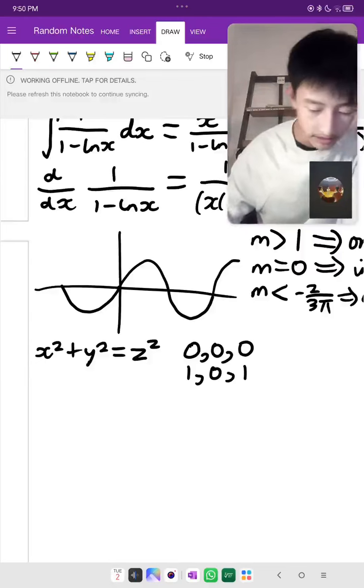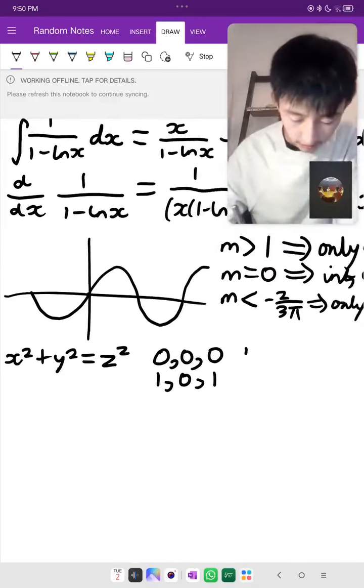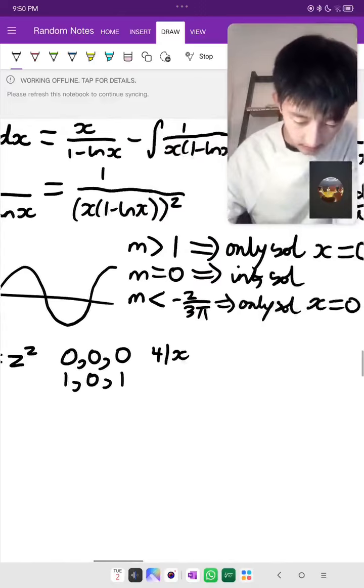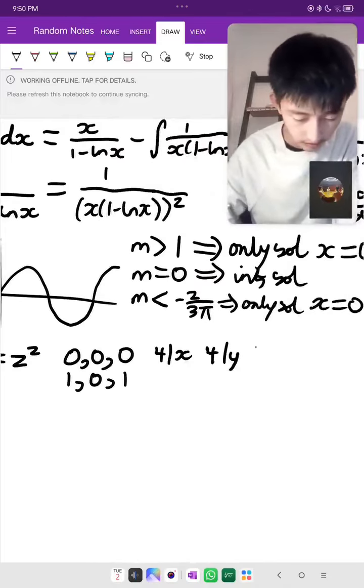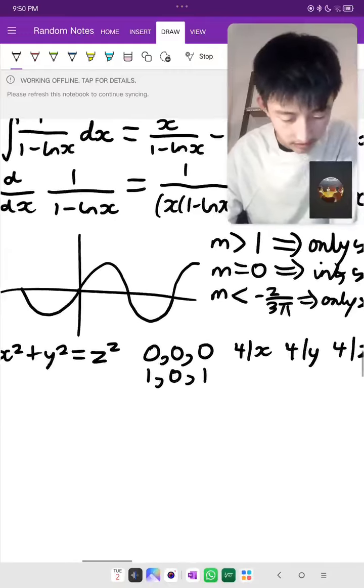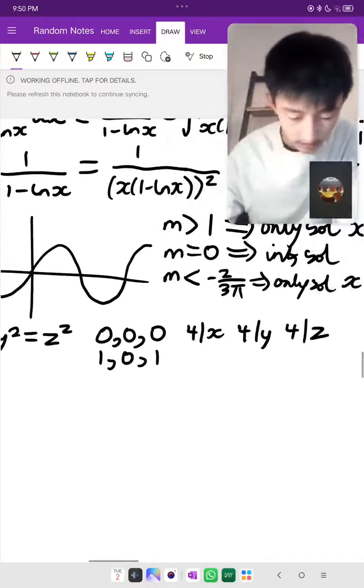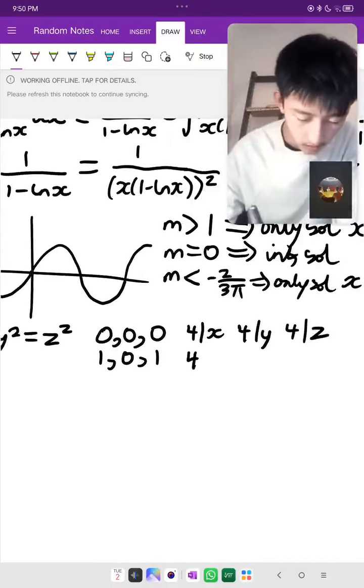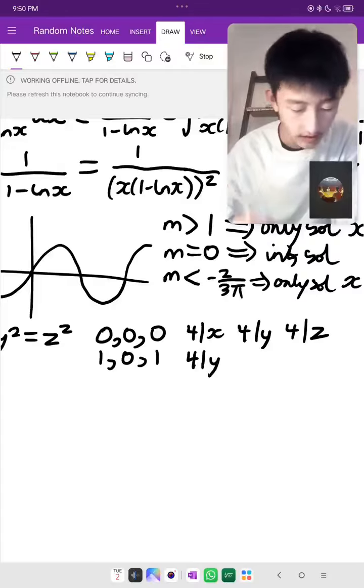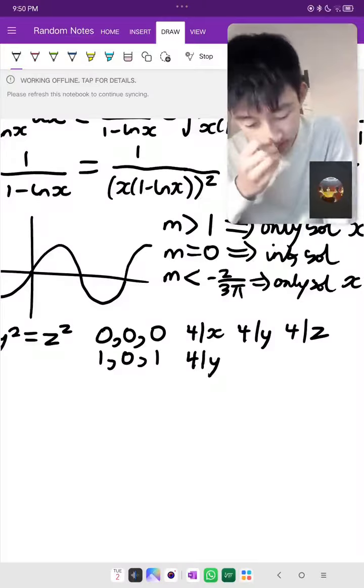So, in the first case, 4 divides x, 4 divides y, and 4 divides z, which is, I think, a good thing to have established. In the second case, we know that 4 divides y, but we know that x and z leave a remainder of 1 upon division by 4.